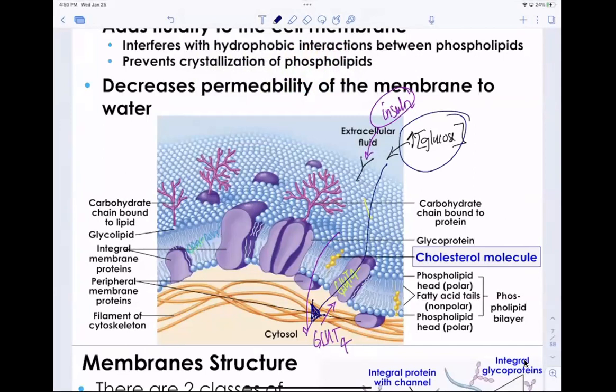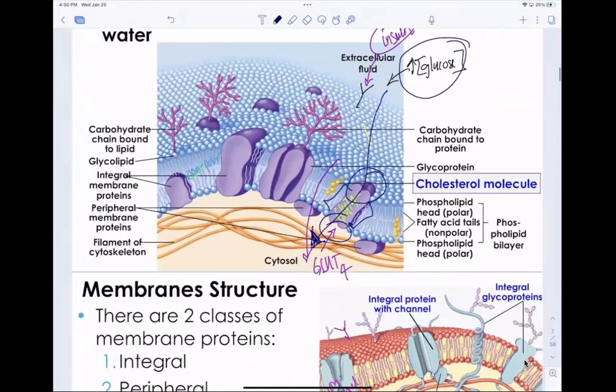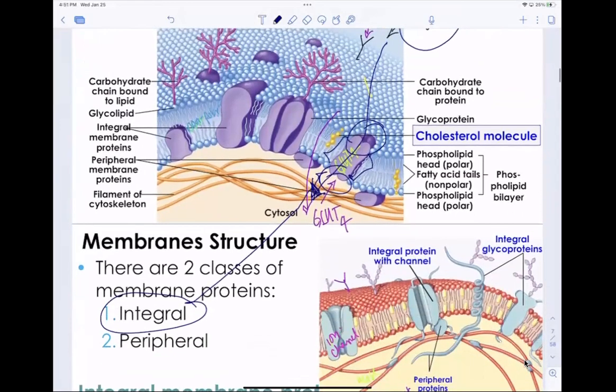So you can have proteins on the outside like receptors. You can have these amphipathic molecules that have a lipid portion that's okay with the lipid tails, but have the polar sides of it, and it can integrate. It's an integral protein right here through the cell membrane.